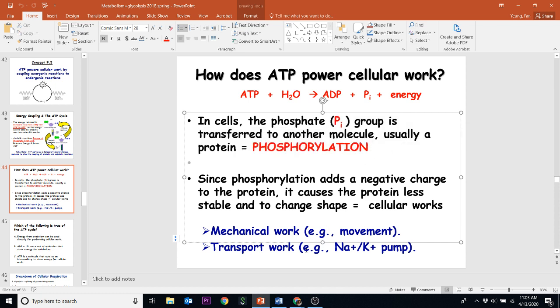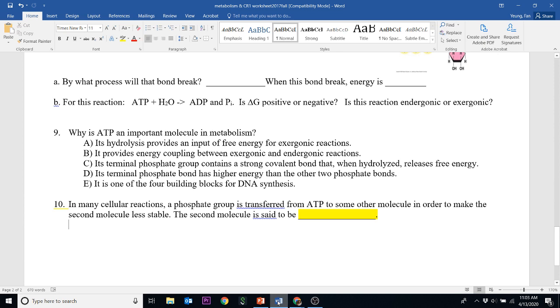It's called phosphorylation. Or you can say it's said to be phosphorylated. That'll work too.